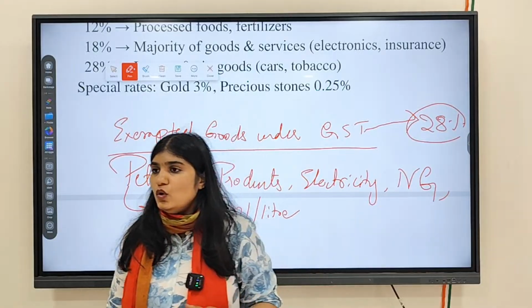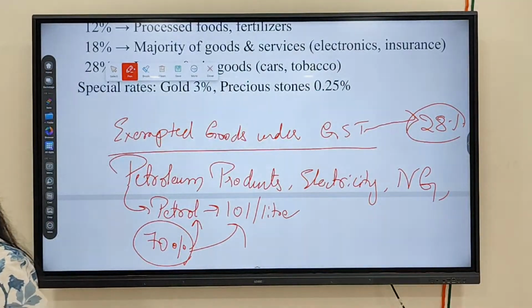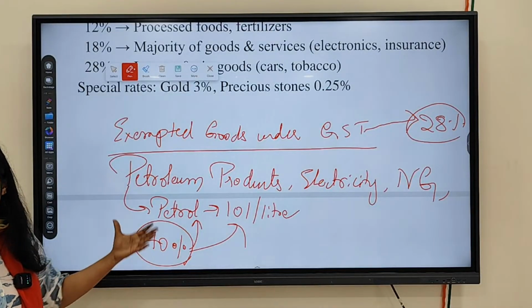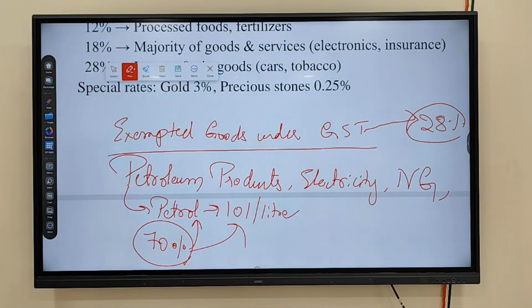Then for whom will it be affected? For the government, because what they collect now is more than double, nearly three times, 2.5, 2.8 times. That's why they don't include these under GST.